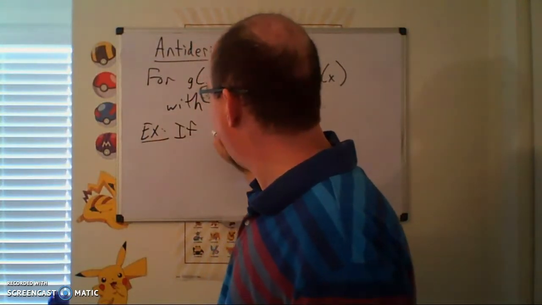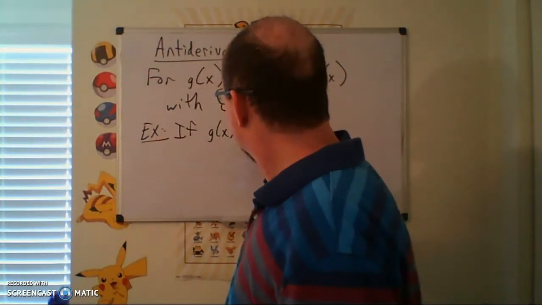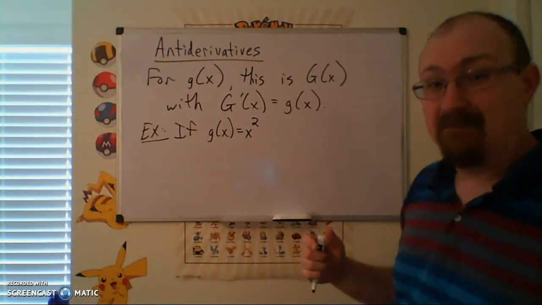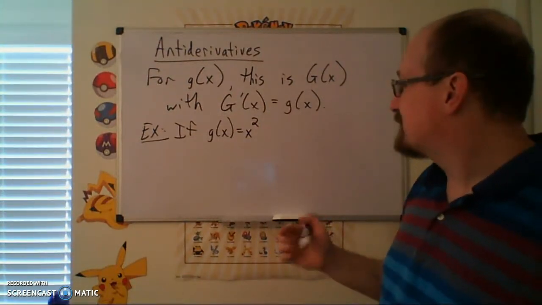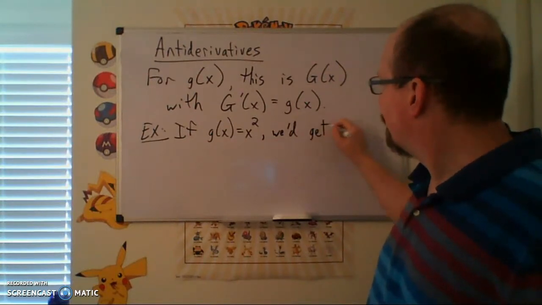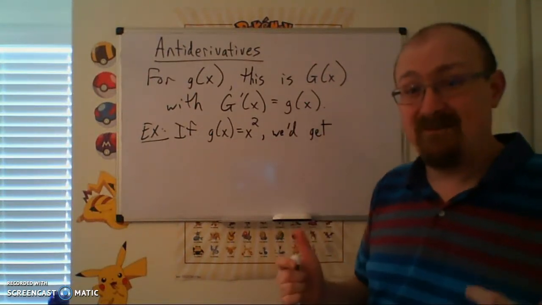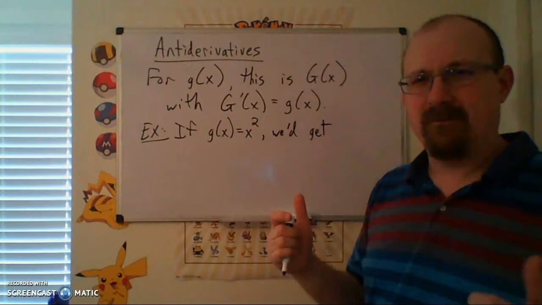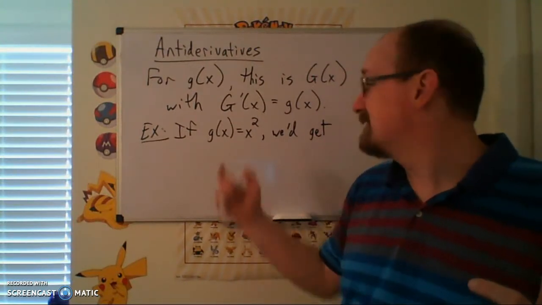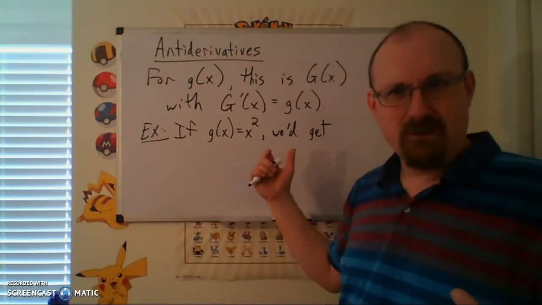So let's take a look at an example. Fall back on one of our old buddies, the quadratic function. If g of x equals x squared, and we were trying to determine a function whose derivative is x squared, we might try to reverse engineer the power rule that we've been using to get derivatives of stuff like this all semester long.